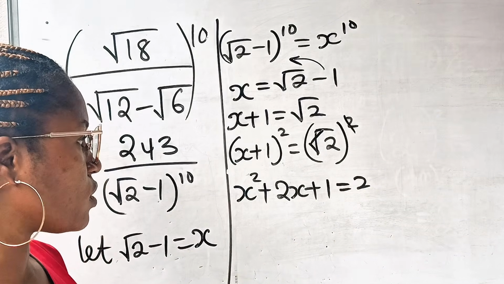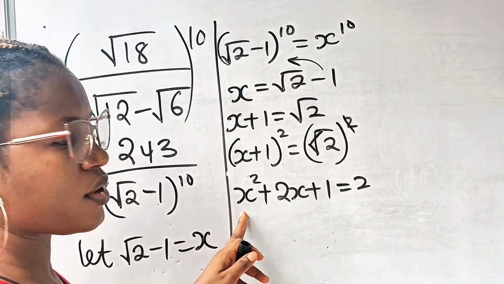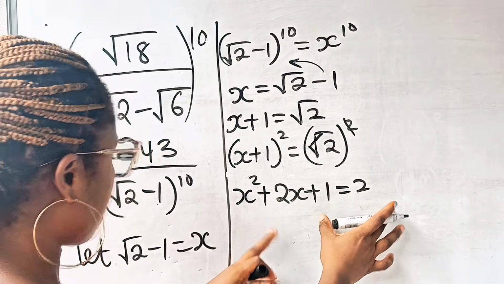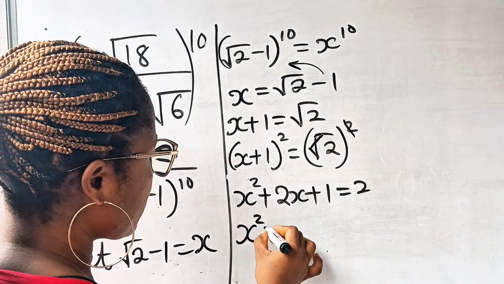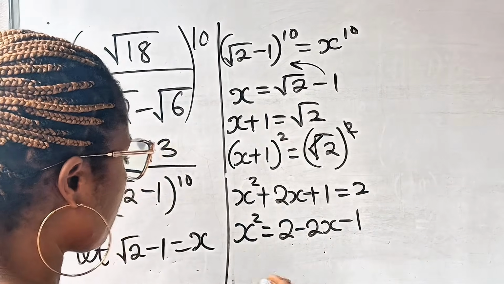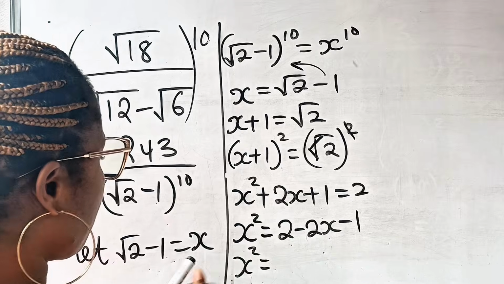Now, moving forward, I need this x squared. You are going to see why. So I'm going to transfer every other thing to the other side. So I'll have x squared is 2 minus 2x minus 1. So I have x squared is 2. Oh, I don't think you can see this side.